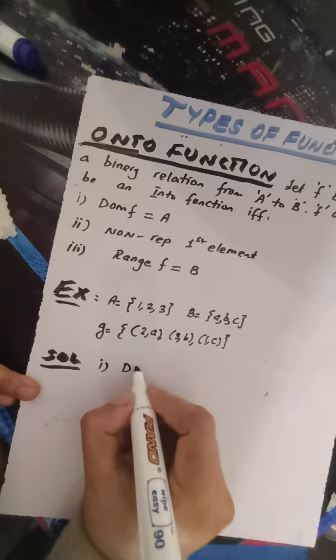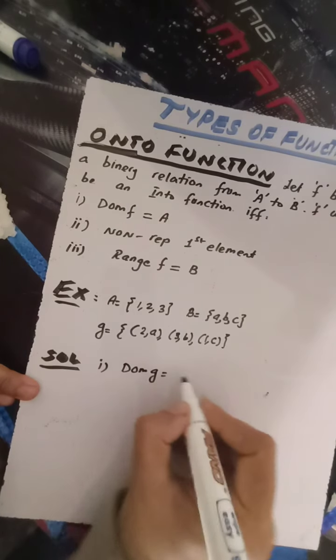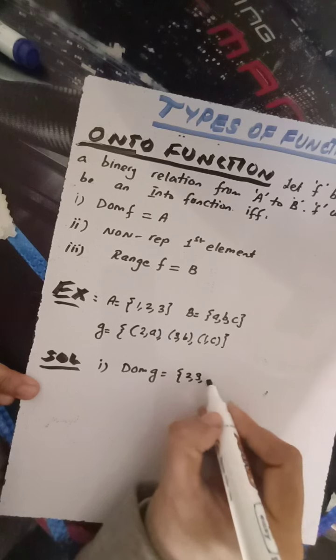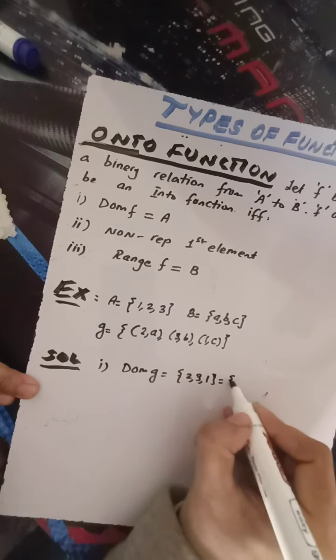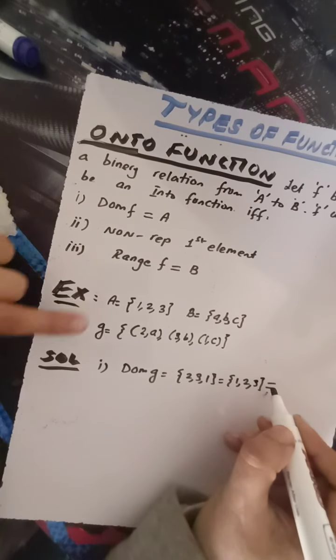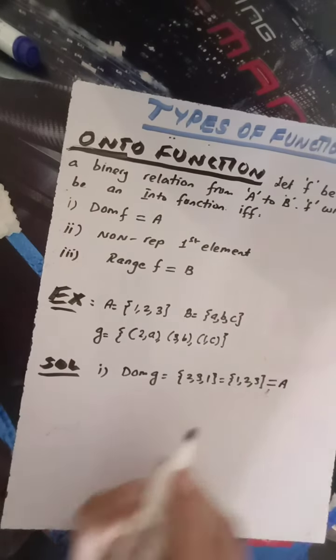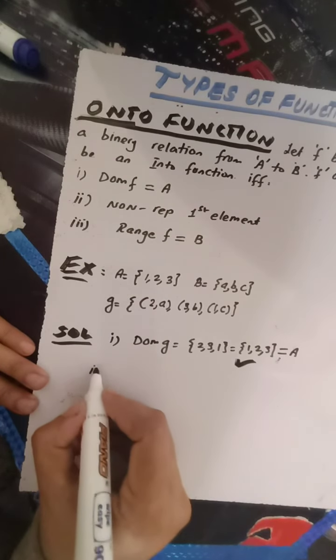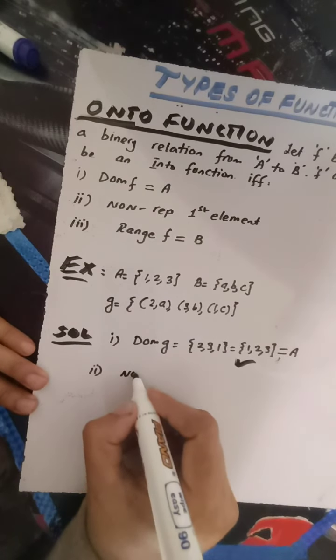Let us find the domain of G. The domain of G, as you know, will be equal to 2, 3, 1, which can be written as 1, 2, 3, and it is equal to the set A. So the first condition is satisfied. Second condition is that we should have non-repeating first element.